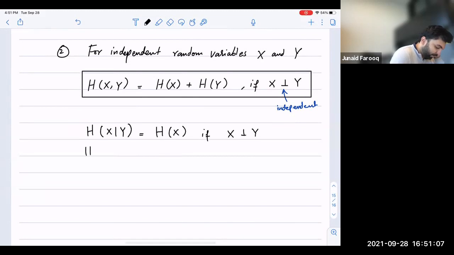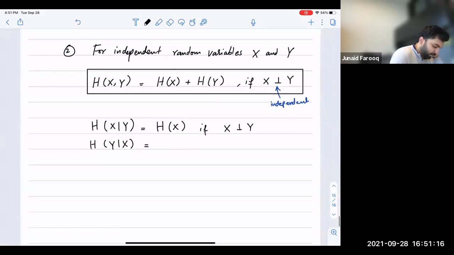And the same thing, h of y given x is going to be equal to h of y if x and y are independent. So knowledge of x or knowledge of y does not help the other if they are independent. So the information content remains the same.